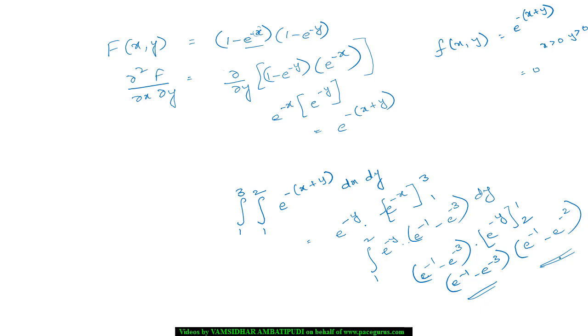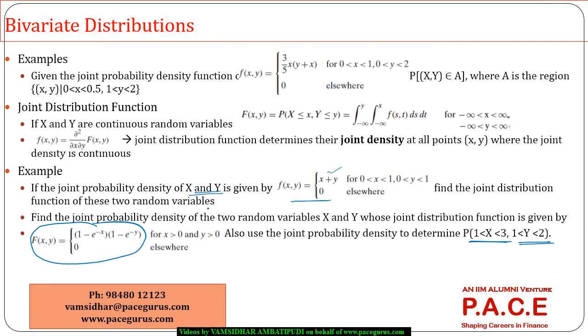So that's how we extend. We can very well find out the density functions from the distribution functions, distributions from the densities, all sorts of possibilities we have taken up as different kinds of examples here, right?